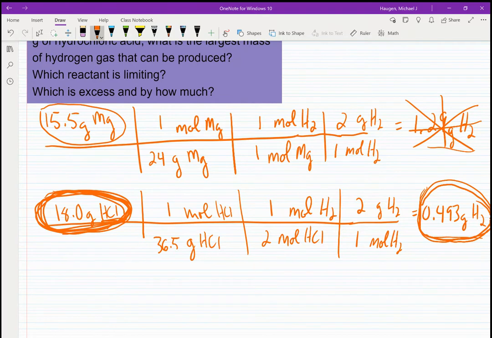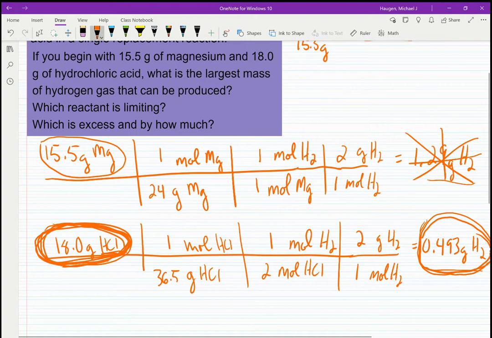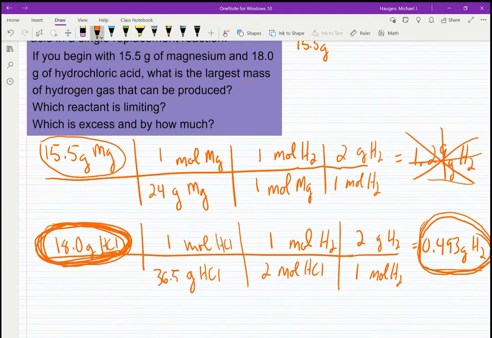Okay, so it says, what is the largest mass of hydrogen that can be produced right here? That is 0.493 grams is the largest mass that could be produced because the hydrochloric acid is the limiting reactant. That runs out first. I can only make 0.493 grams, which is excess, and by how much?